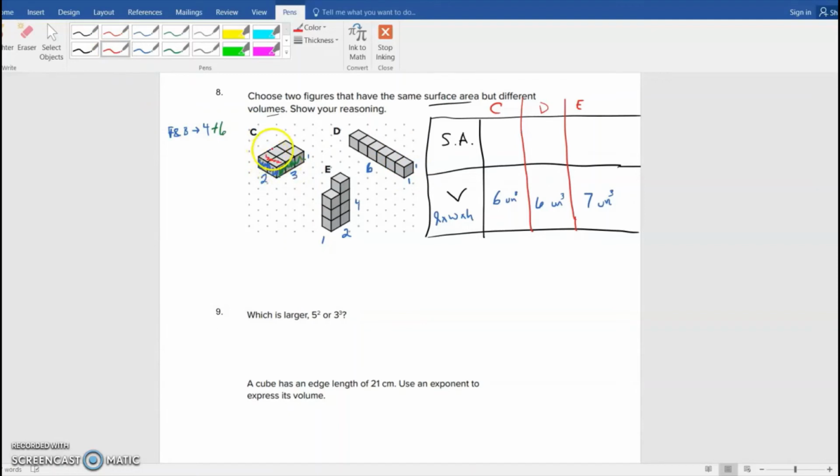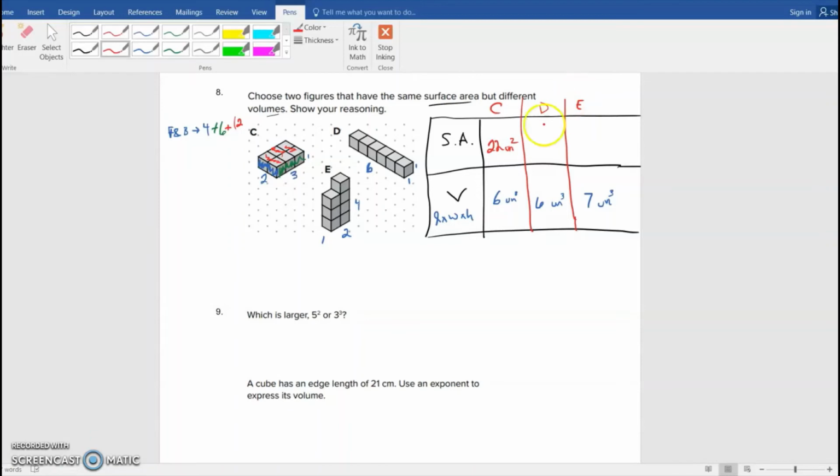So this is 1, 2, 3, 4, 5, 6. So 6 for the top, 6 more for the bottom is a total of 12. So to find the surface area, I'll add those 3 together. So 6 and 4 is 10, and then 10 plus 12 would give me a surface area of 22 square units. 22 square units.